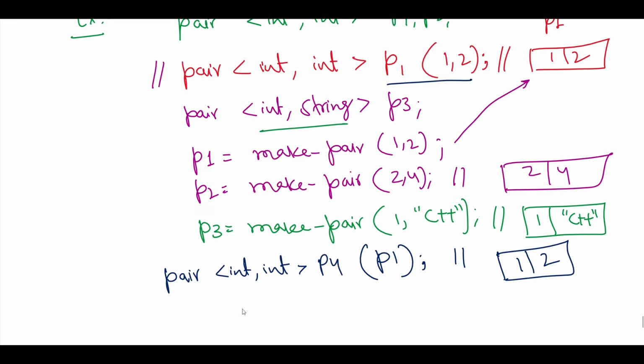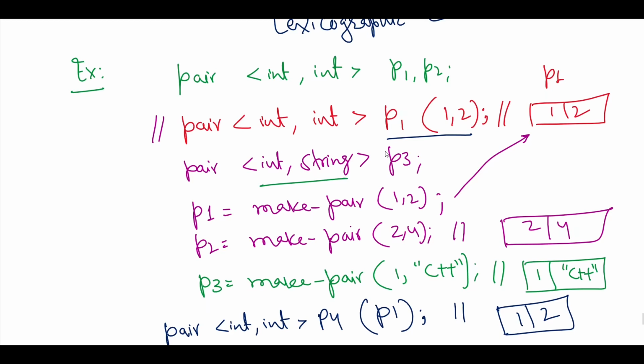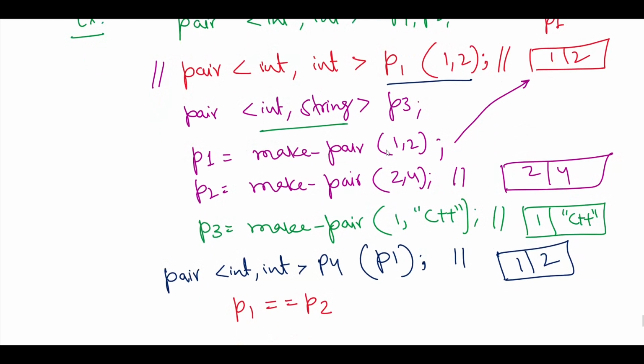Suppose you want to compare two pairs and you do something like this, p1 equal to p2. You know that p1 is 1, 2 and p2 has values 2 and 4. So you can see these values are not equal, neither are these values equal, so it's going to give us false.